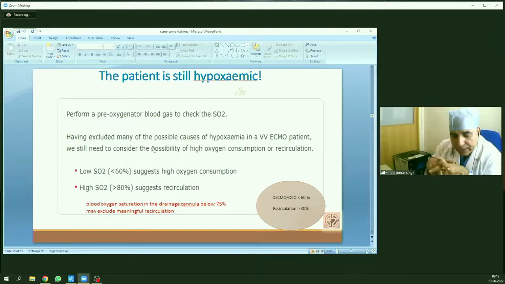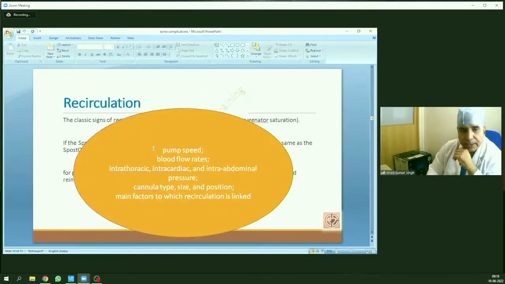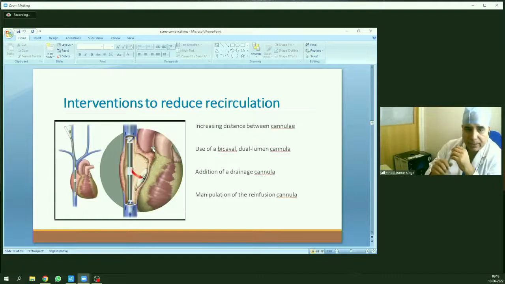If the distance between the supply cannula and the drainage cannula is less than 15 centimeters, it is quite possible that you might land up with recirculation. What are the other factors which can affect recirculation? That could be pump speed, blood flow rate, intrathoracic, intracardiac, and intra-abdominal pressures, cannula type and size, position, and also, as I told, the distance between the cannulas.